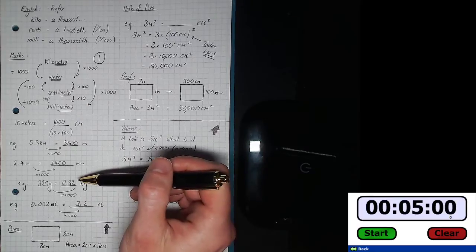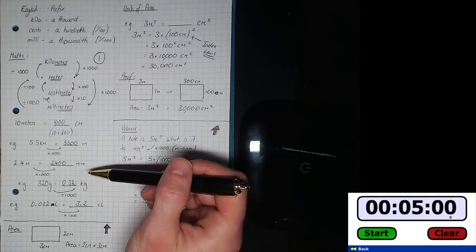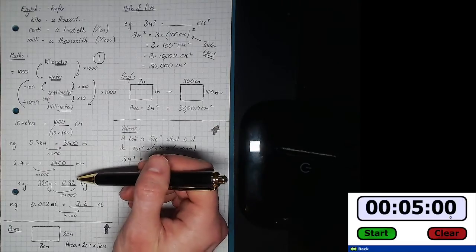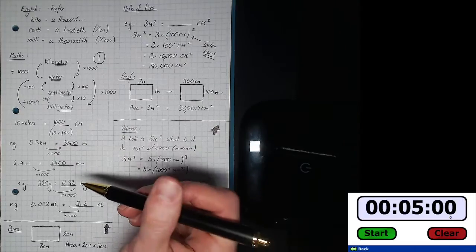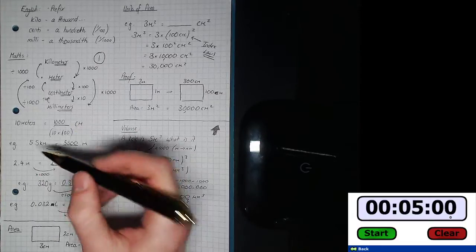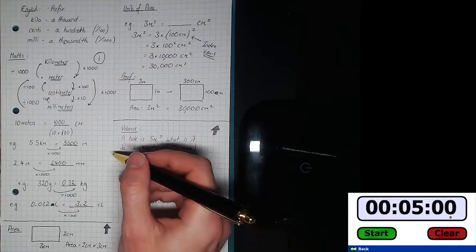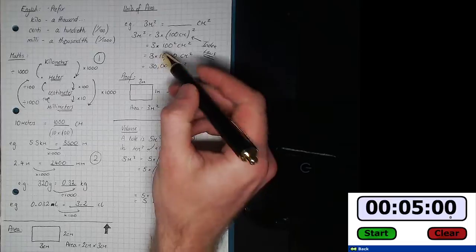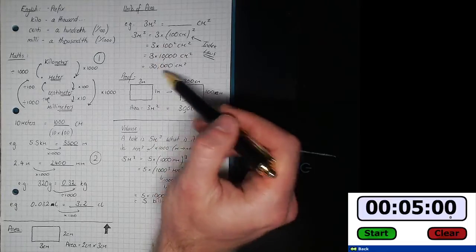Then I would look to be able to convert with just normal units of length or mass, so kilograms or grams or litres and milliliters, things like that. I would then look to be able to do this. Then I would look to be able to work with my units of area.